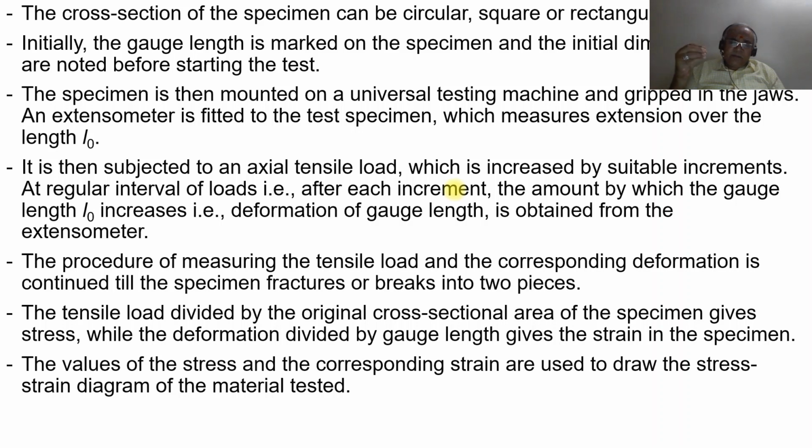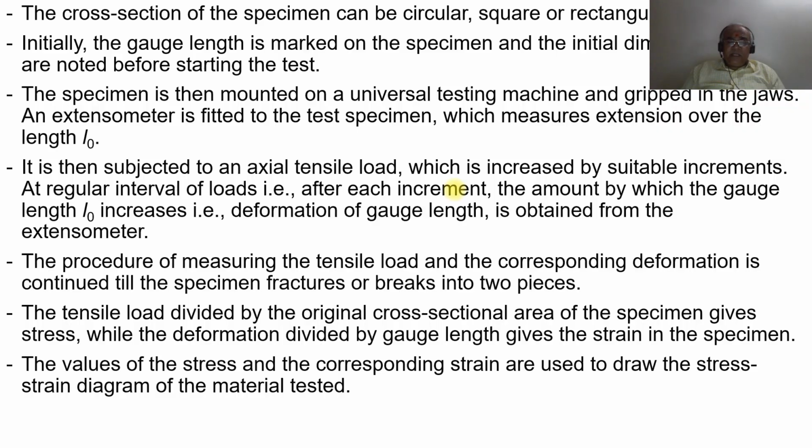The tensile load divided by the original cross-sectional area of the specimen gives the stress, while the deformation divided by the original gauge length gives the strain in the specimen.